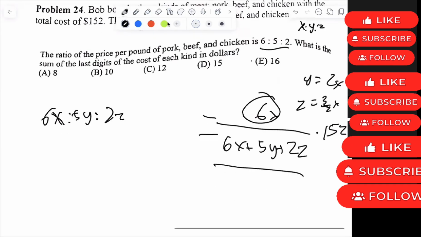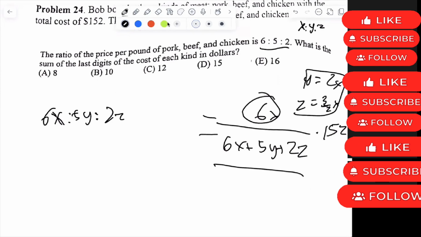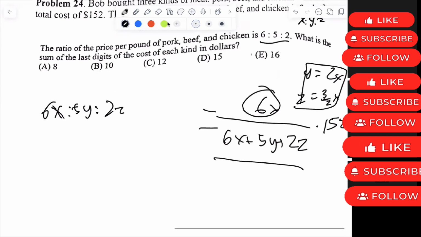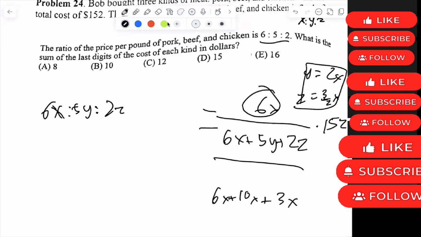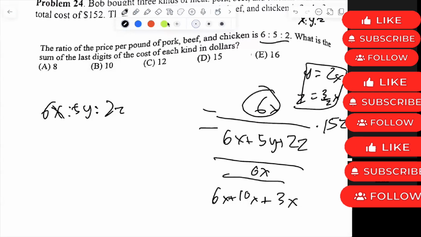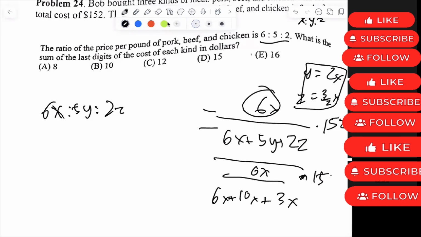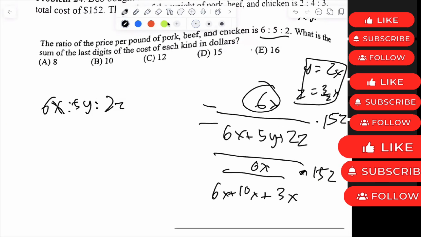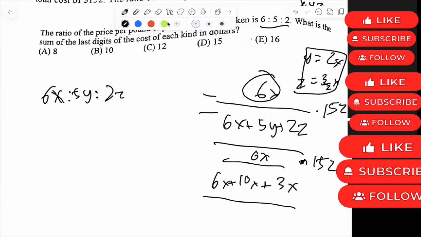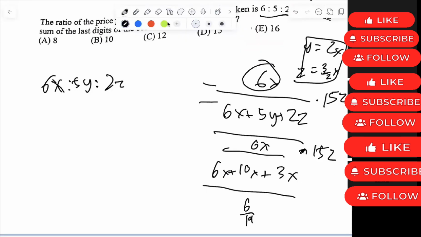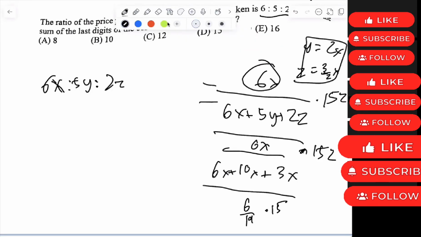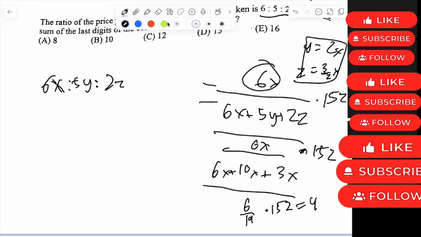Alright, now plugging in these values, we get 6x plus 10x plus 3x on the bottom. 6x times 152 is for the pork, right? Now this is just going to be 6 divided by 19 times 152, or 48.